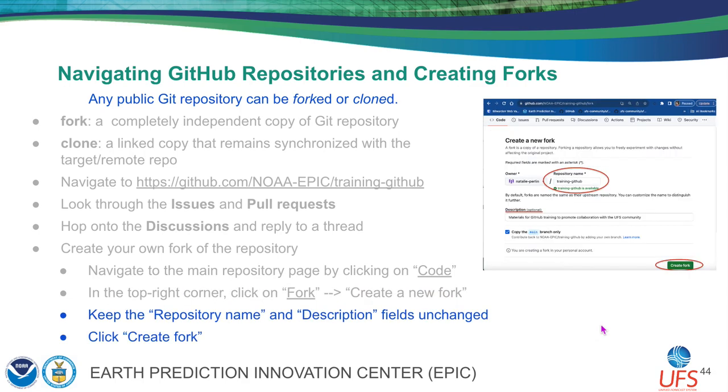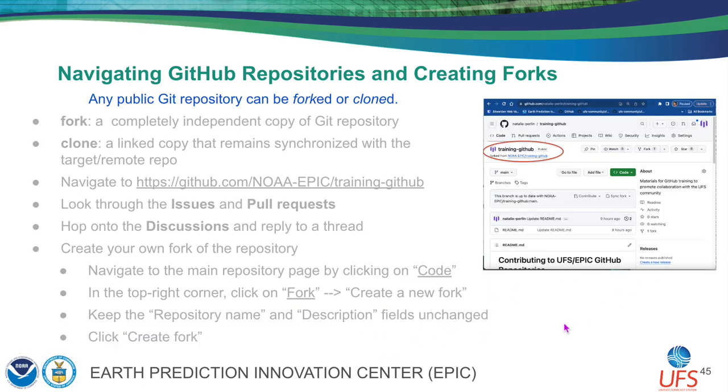Next, we'll keep the repository name similar to the original one and keep the same description. And then we click create fork. And here we have, voila, the training GitHub repository local to my account, and it specifically says that it's forked from NOAA EPIC training GitHub.